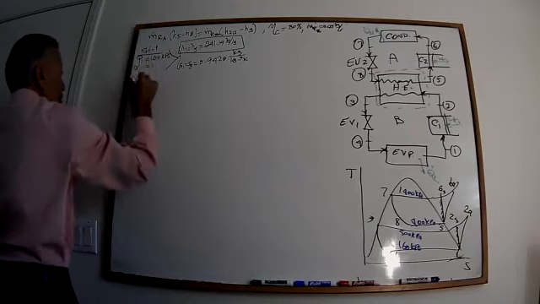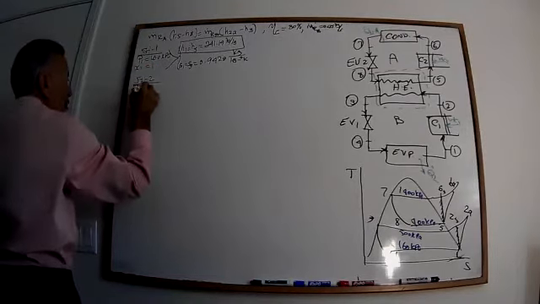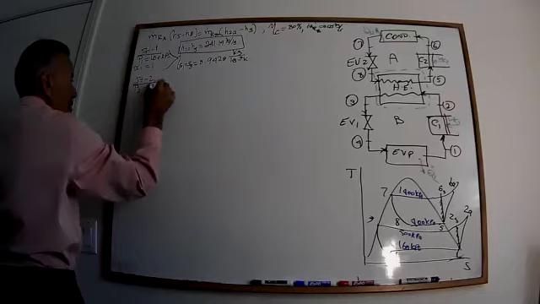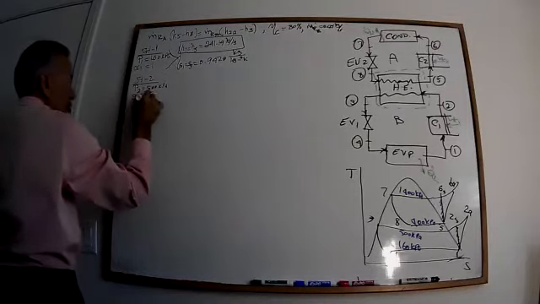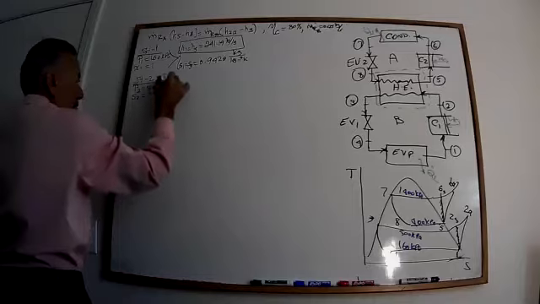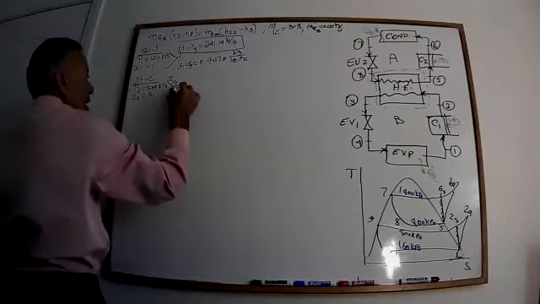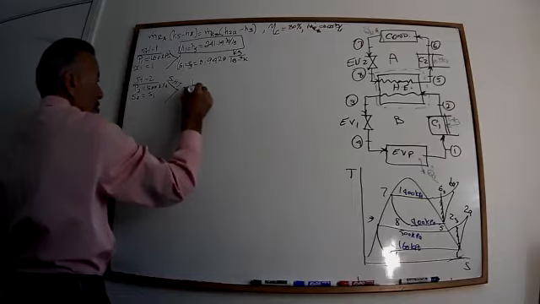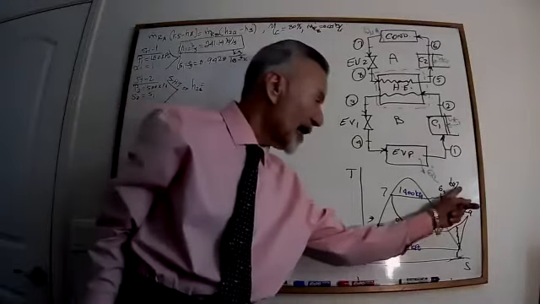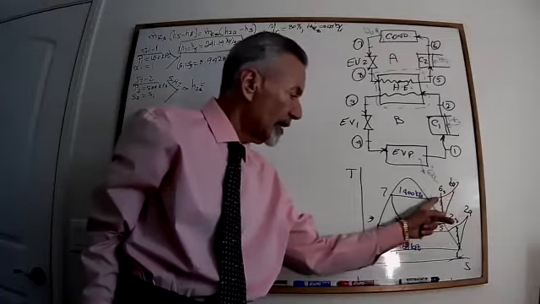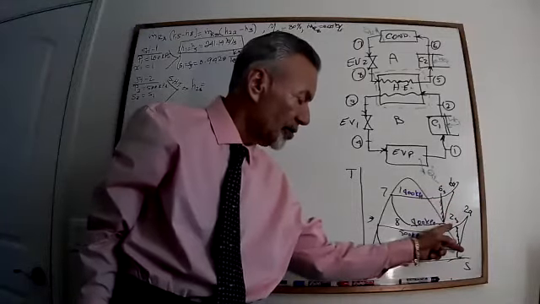At state 2, I have P2 equal to 500 kilopascal, and S2 is equal to S1. So now, a superheated region. I find the value of H2S, because we cannot find the actual value from the table based on S1 being equal to S2.